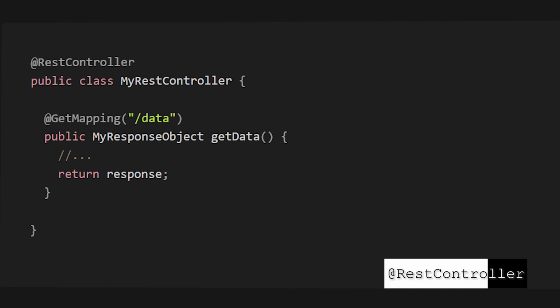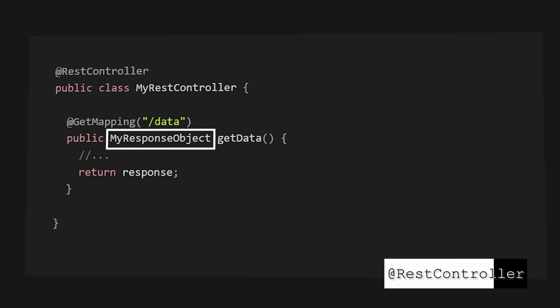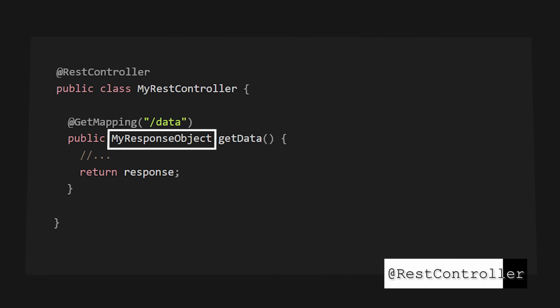So for example, here, because of the @RestController annotation, the myResponse object that's returned by the handler method will be serialized to JSON and returned in the response body instead of resolving to a view template. This annotation is what enables building RESTful web services with Spring in a simple declarative style with minimal code. And since it's so concise and so useful, this is so often used, and that's the reason why this climbs to the number 2 spot on our list.